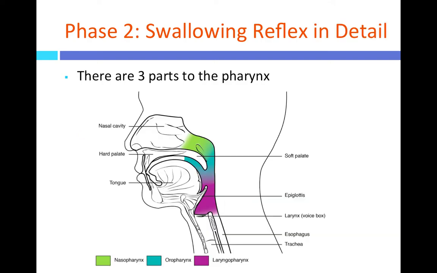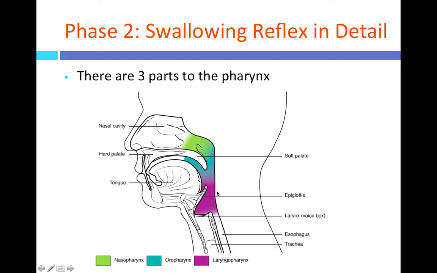When we look at this in more detail, we'll look once again at the 3 parts of the pharynx. You can recall that the pharynx is a part of both the digestive and the respiratory systems. So you have the nasopharynx, this top part, that's what came from the nasal cavity. You have the oropharynx, which is this part here that comes from the mouth or the oral cavity.